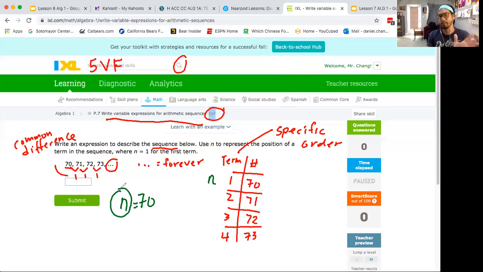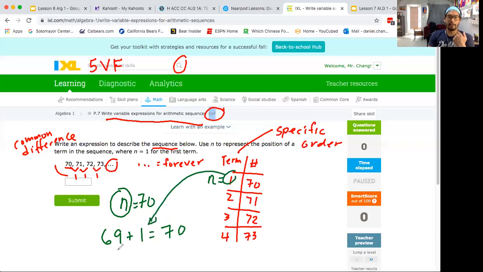You have to do something to n to get you to 70. Let's just say n plus, let's see, if n were 1, we know n equals 1 in this case. If I had 69 plus 1, I would get to 70. So now if I exchange that 1 for n, 69 plus n would get me to 70.